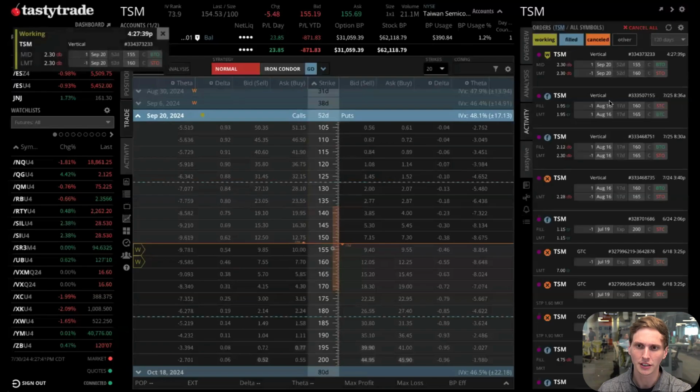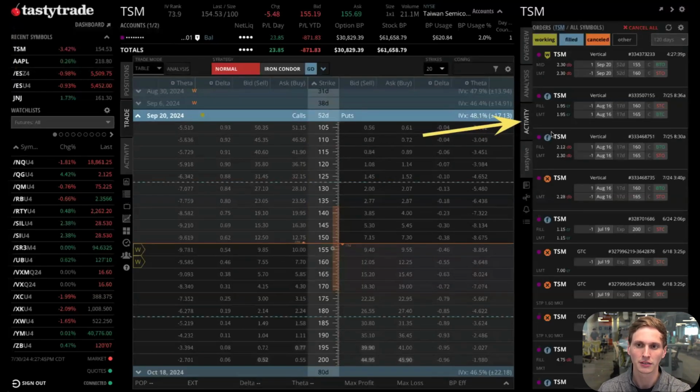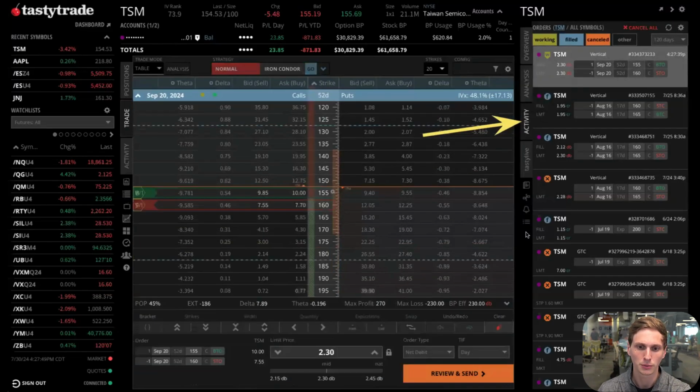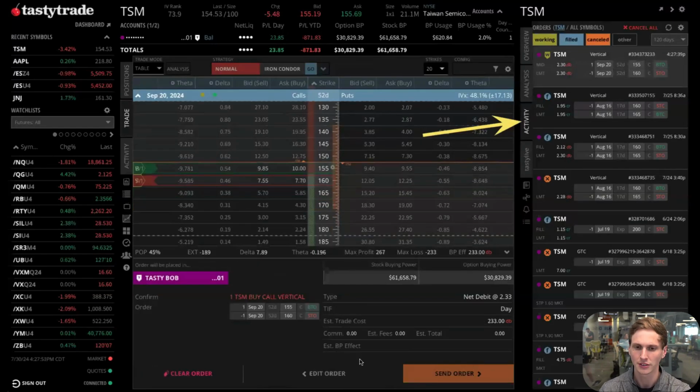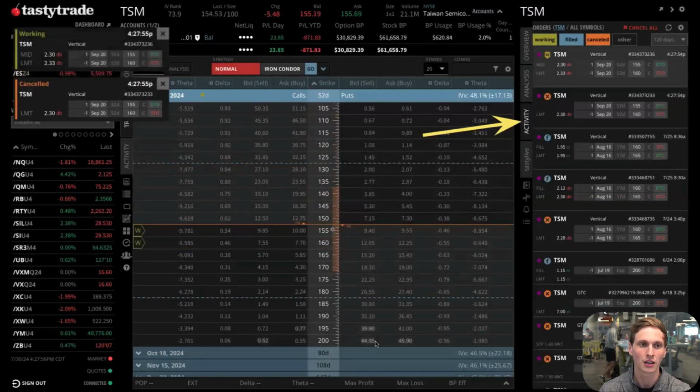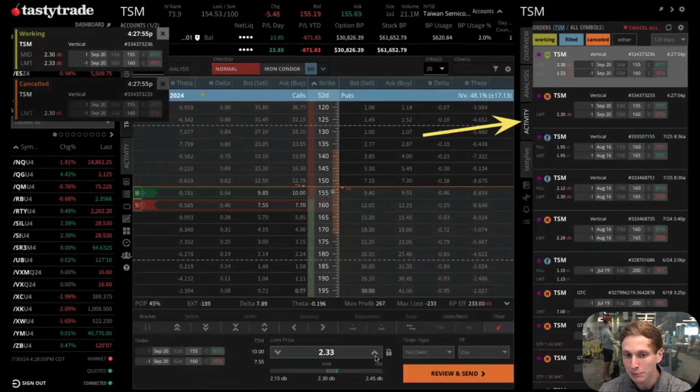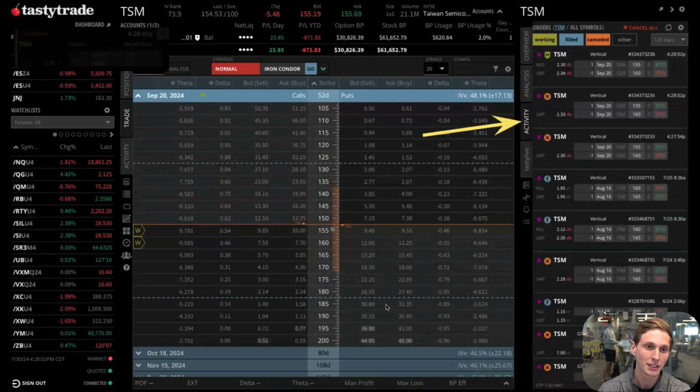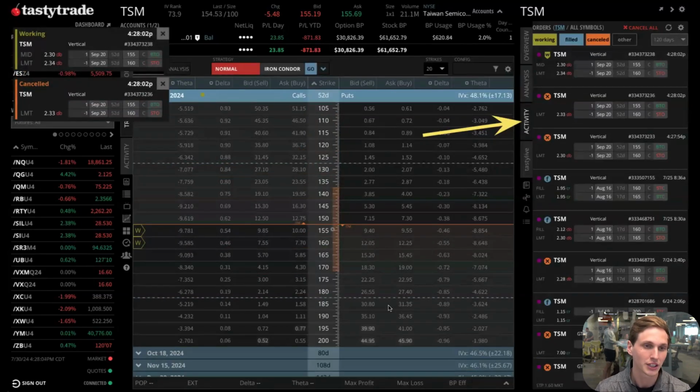And then what's nice is I could go to the activity tab here on the right and see, okay, here's my order. Maybe I want to just replace this and inch it up a couple cents. Maybe I'll pay 3 more cents. You review and send it off, see if you get filled. Market's closed, so we're not going to get filled, but you can just keep doing that. Just inch it up penny by penny if you really want to, try and juice that best price.